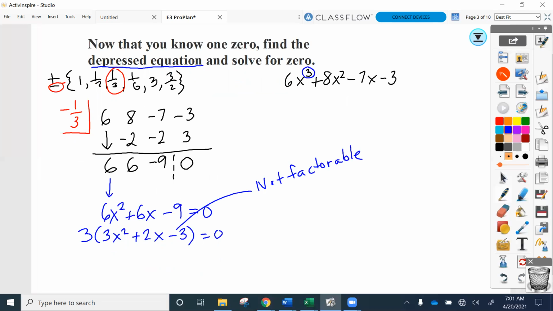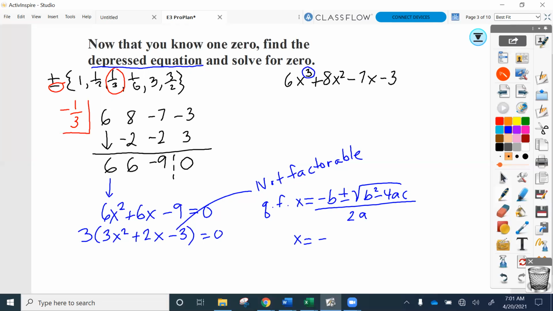So you have two choices. You could either use completing the square method or the quadratic formula. So I'm going to use the quadratic formula, which says x is equal to negative b plus or minus the square root of b squared minus 4ac all over 2a. So you just plug that in.